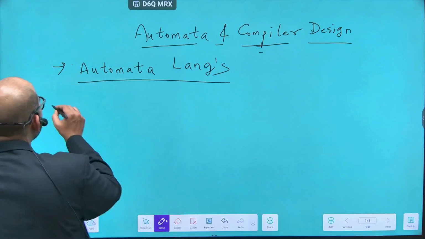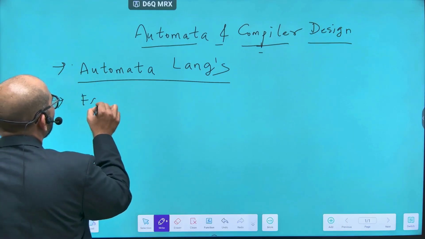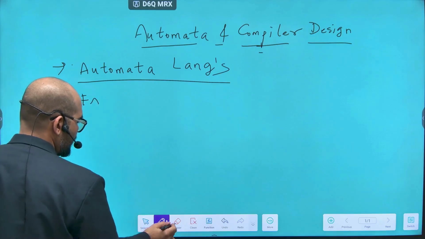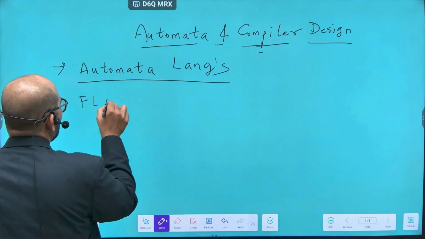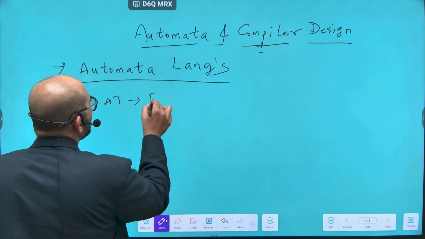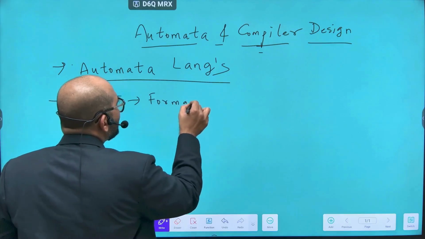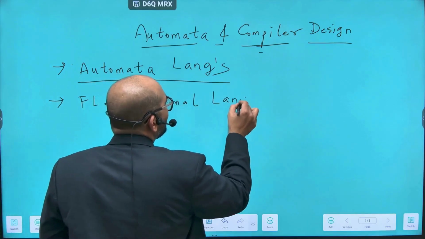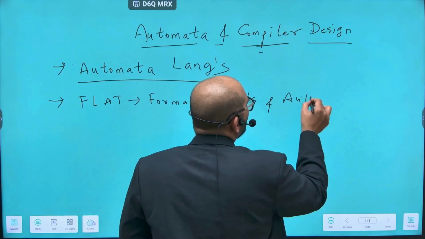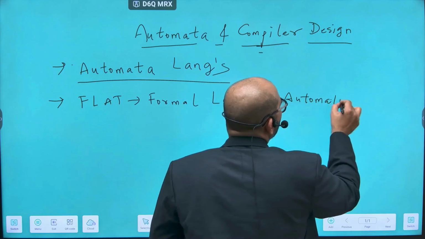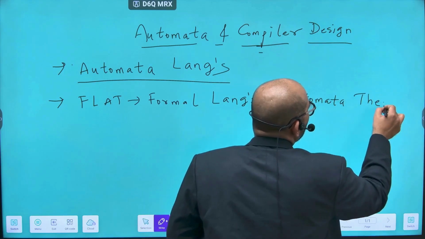So what does FLAT mean? FLAT means formal languages and automata theory.